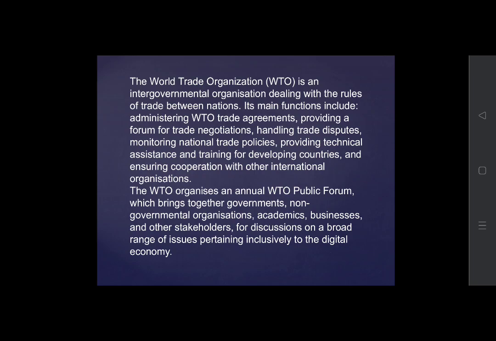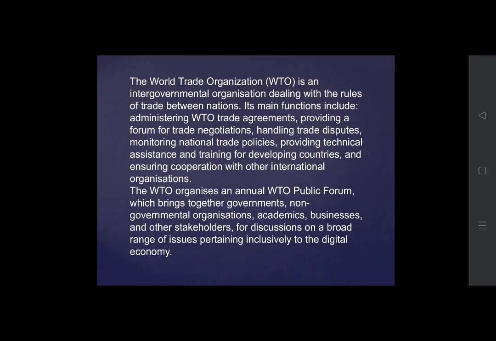The World Trade Organization is an international organization dealing with the rules of trade between nations. Its main functions include administering trade agreements, providing trade policy reviews, providing technical assistance and training for developing countries, and cooperating with other international organizations.